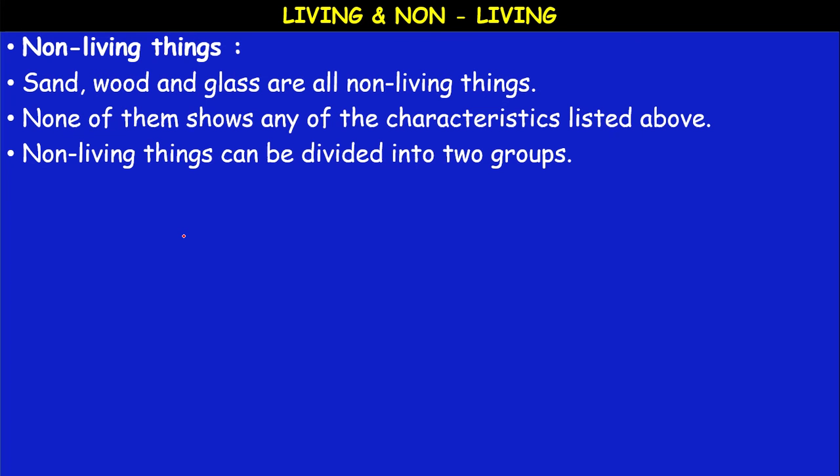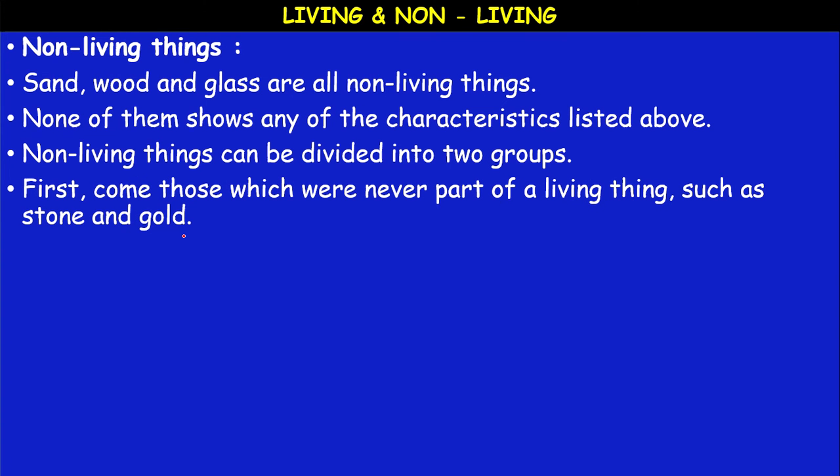So non-living things can be divided into 2 groups. The first group comes those which were never part of a living thing. Example, stone and gold. They were never part of a living thing.